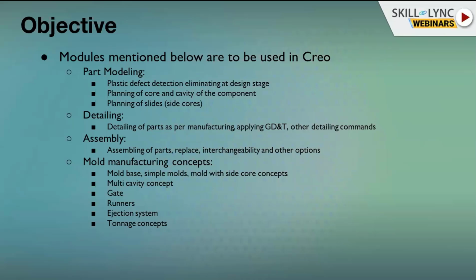The next module is the assembly module. In the assembly module, the piece parts you have created, you will be assembling at one location. There are many options like assembling of parts, replacing, interchangeability, and other options available. The replace option is used, for example, when by mistake you have assembled M10 screws around 100 places, and you need to modify that to an M12 screw.